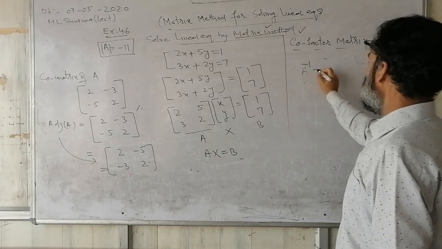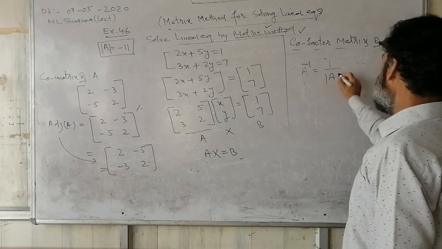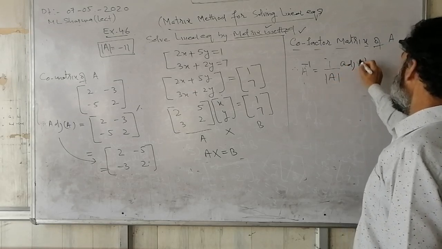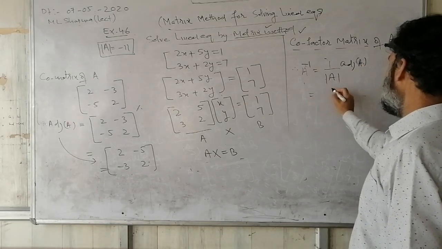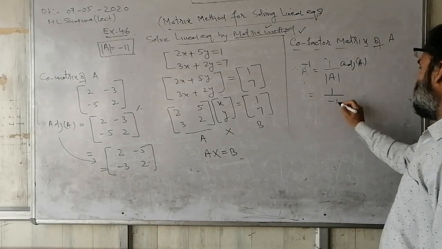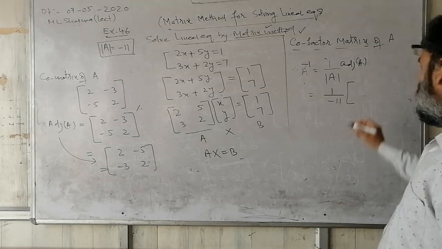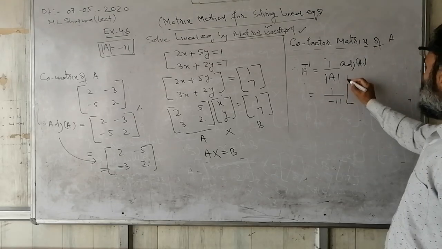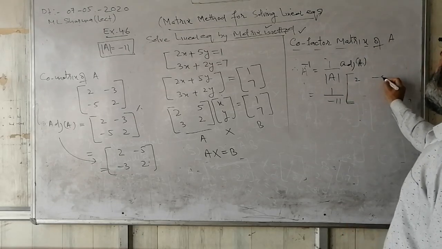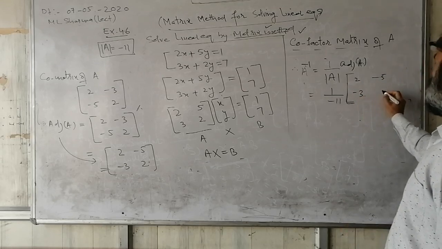A inverse will equal 1 upon determinant A into adjoint of A. So this will equal 1 upon the value of determinant A, which is minus 11, and the adjoint of A, whose value is 2, minus 5, minus 3 and 2.